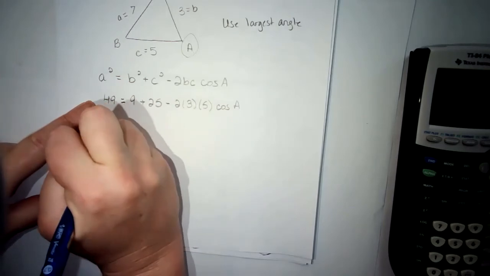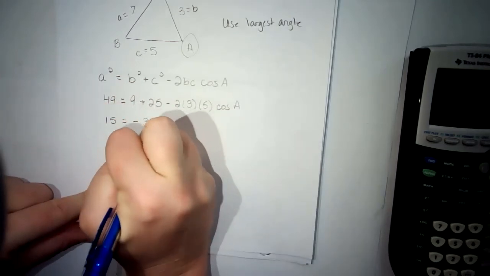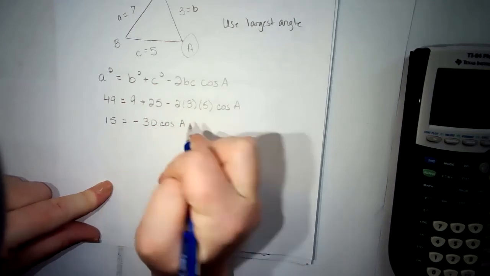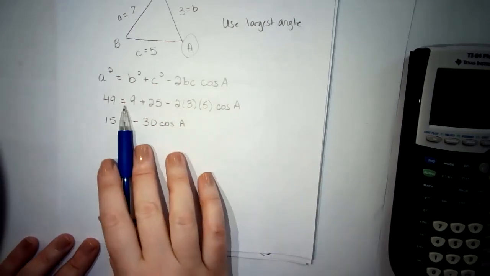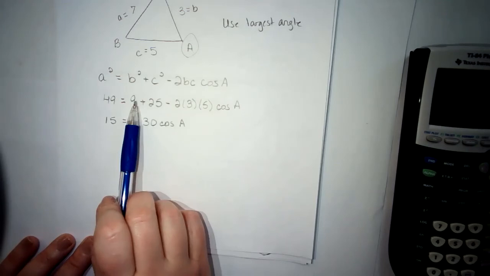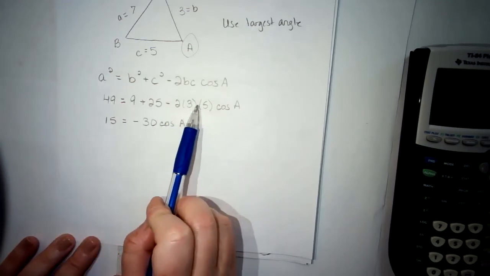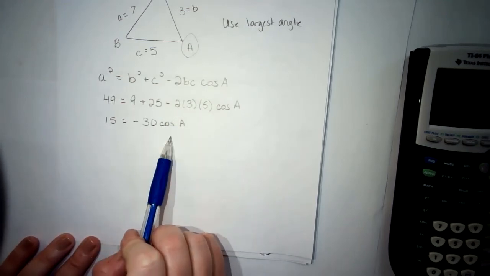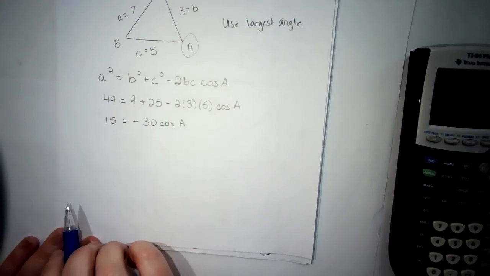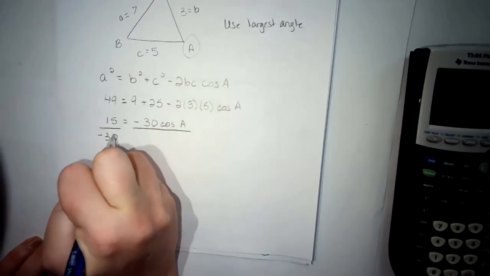Minus 25, I get 15. And then this is going to be negative 30 cosine A. So everybody kind of see what I did there? I kind of did that in one big step, but you could add these two together and then subtract it. And then I just multiplied all three of those together. Everybody okay with that?